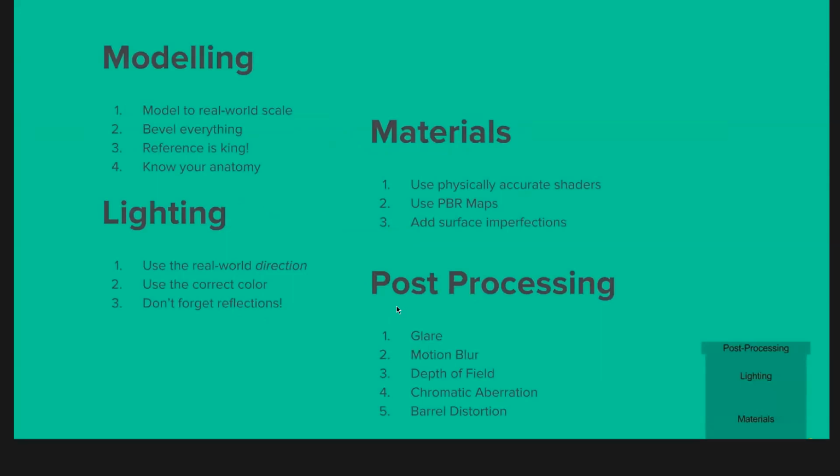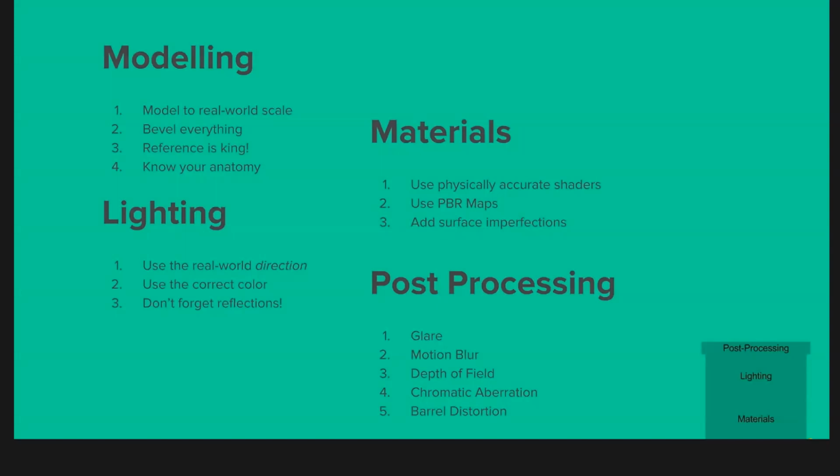And as you can see in this picture, the most important things are modeling, materials, lighting, and post-processing. Modeling: model to real-world scale, bevel everything, use references, and know your anatomy.